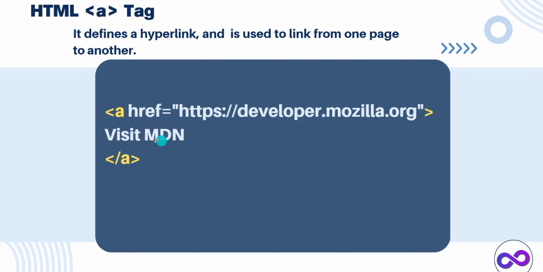The part in between the opening anchor tag and the closing tag is the clickable part that users see. So in this example, the clickable part that users can see is "Visit MDN".